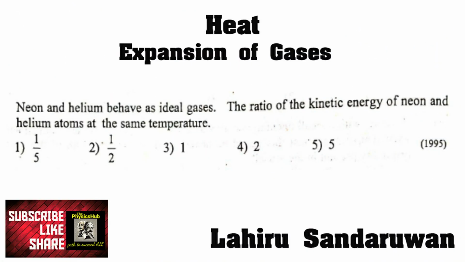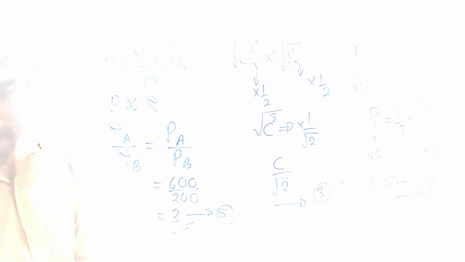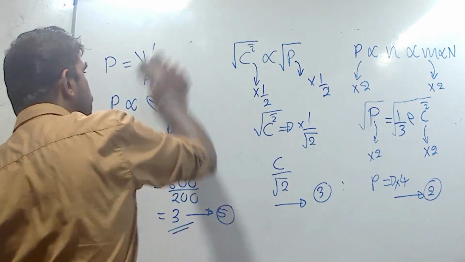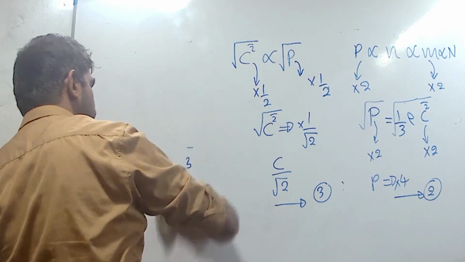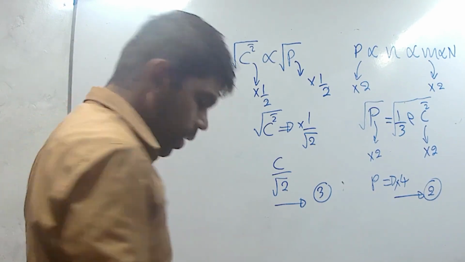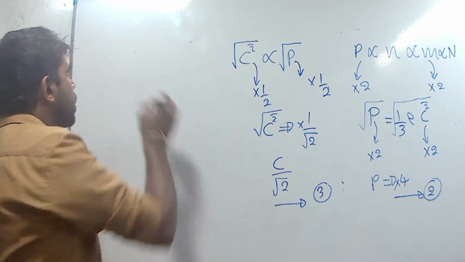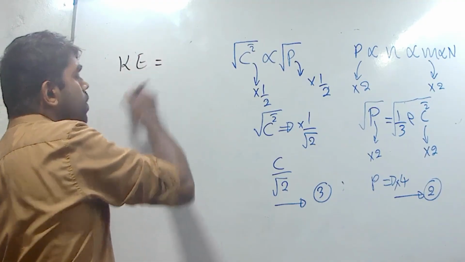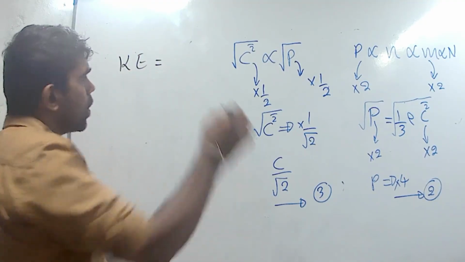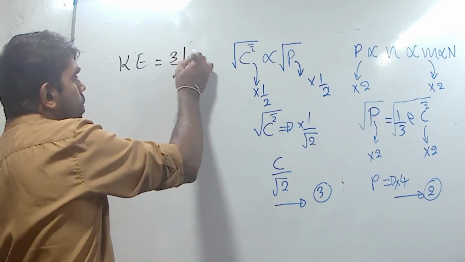Neon and helium behave as ideal gases. The ratio of kinetic energy of neon and helium atoms at the same temperature. We know that according to kinetic theory of gases, kinetic energy is 3 over 2 kT.